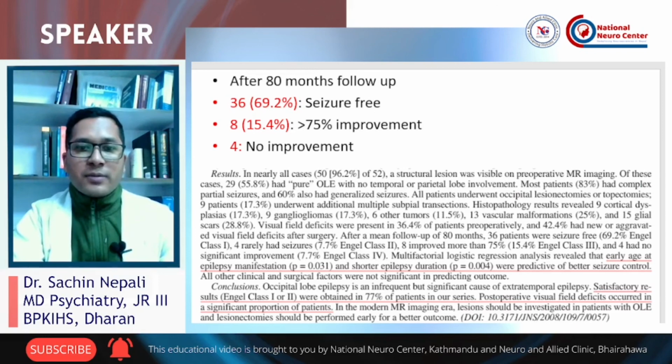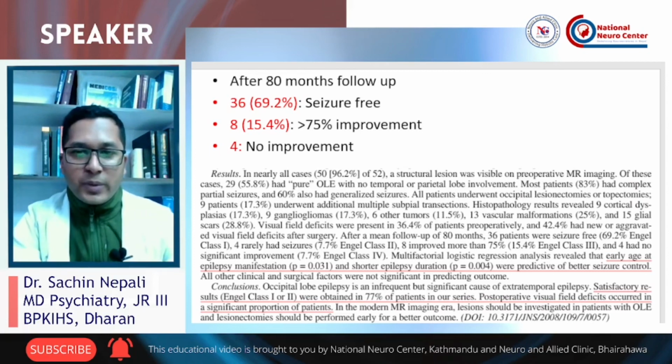After the surgery, there was follow-up after 80 months, and 69.2% were seizure free, and around 15.4% had greater than 75% improvement, and in 4 cases there was no improvement.